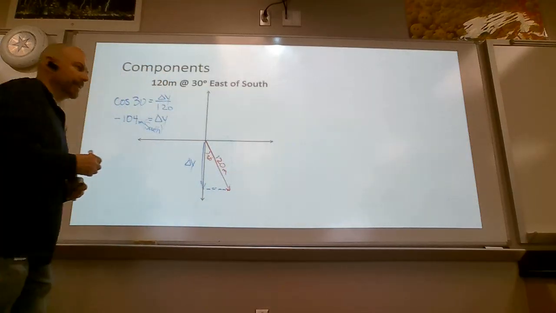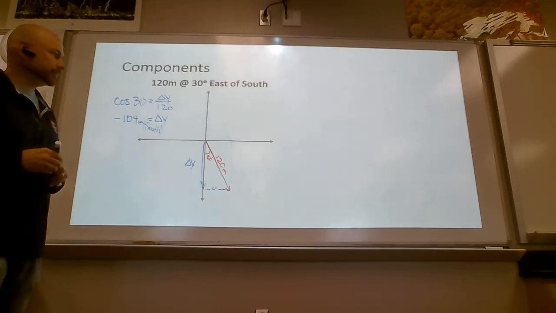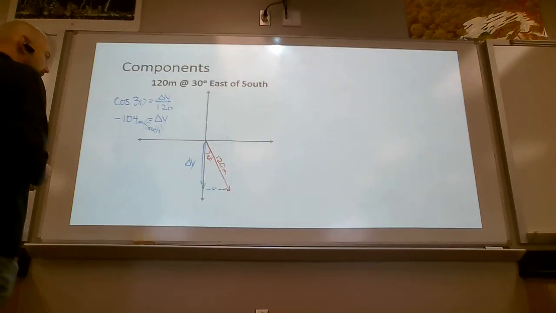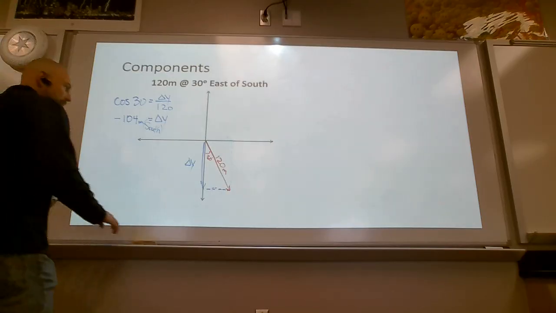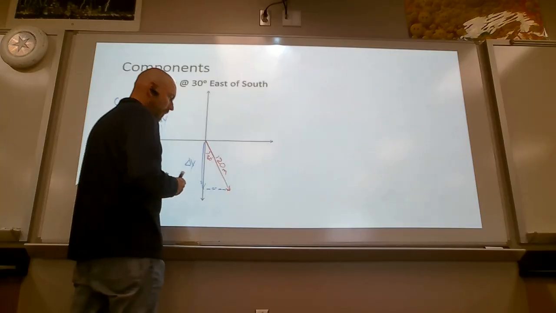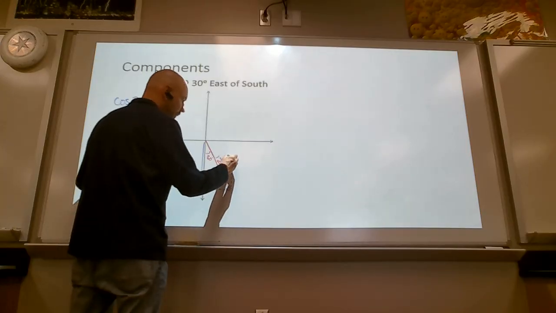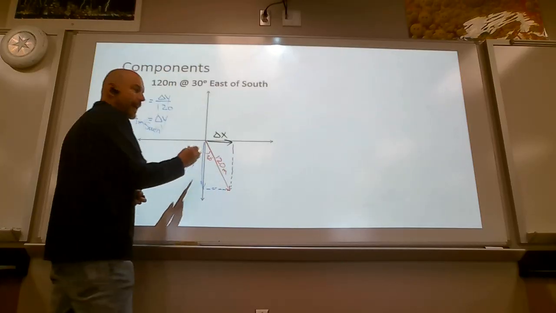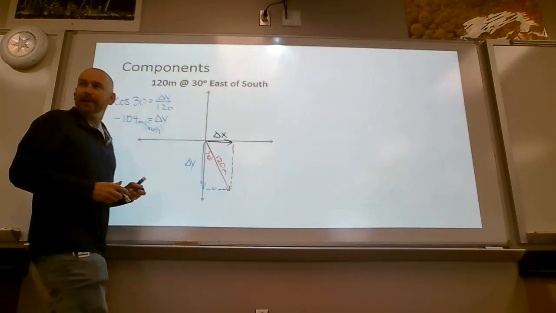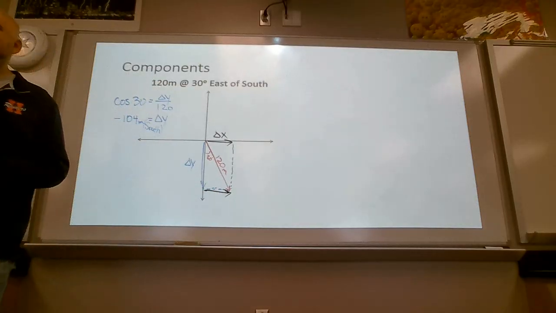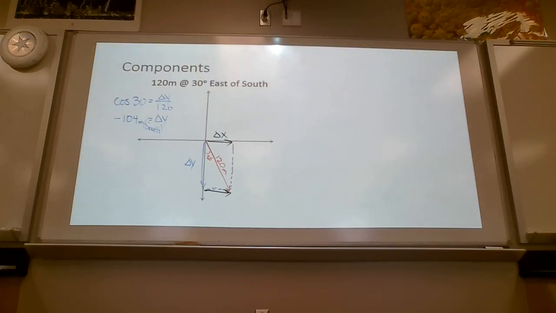I'm going to switch to black here. About that far. That has the same length as this side of the triangle.